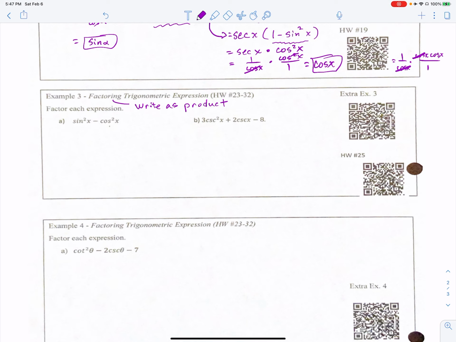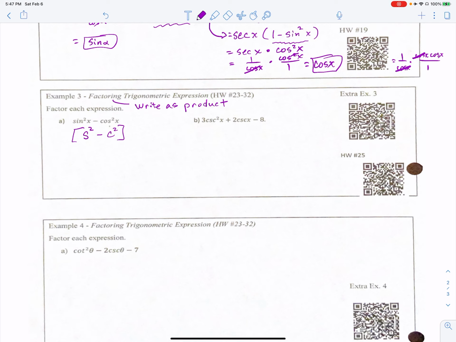And so in part A, I see sine squared minus cosine squared. I am going to think of this as s squared for a moment minus c squared. To get to see it, it's sometimes easier to simplify these expressions.